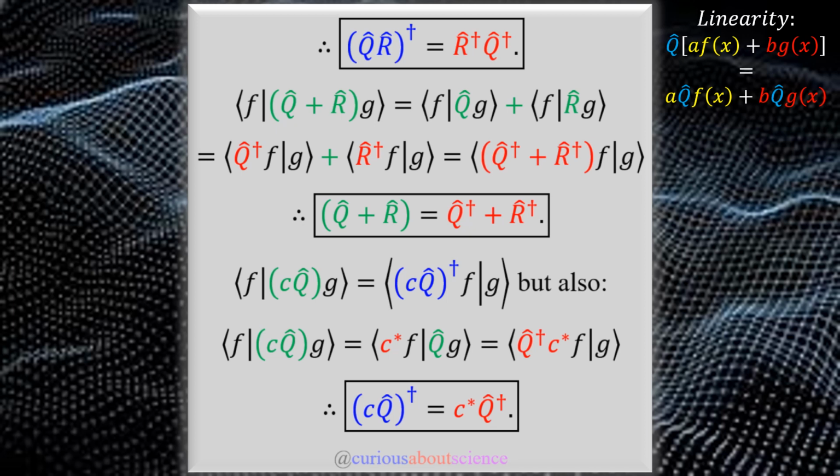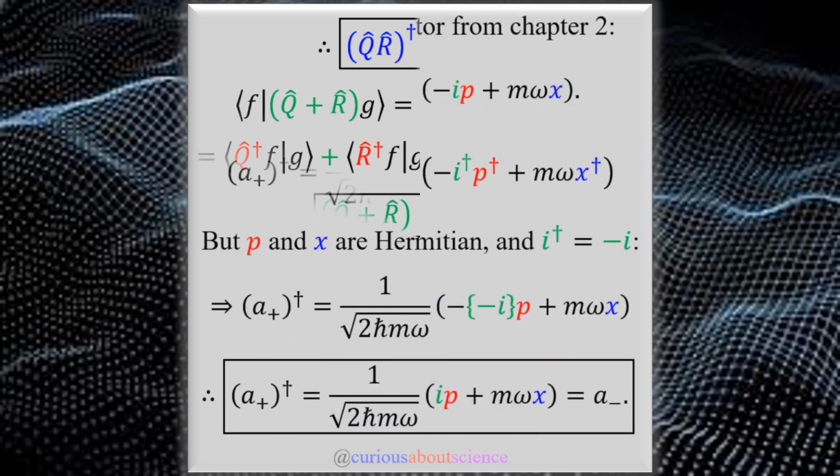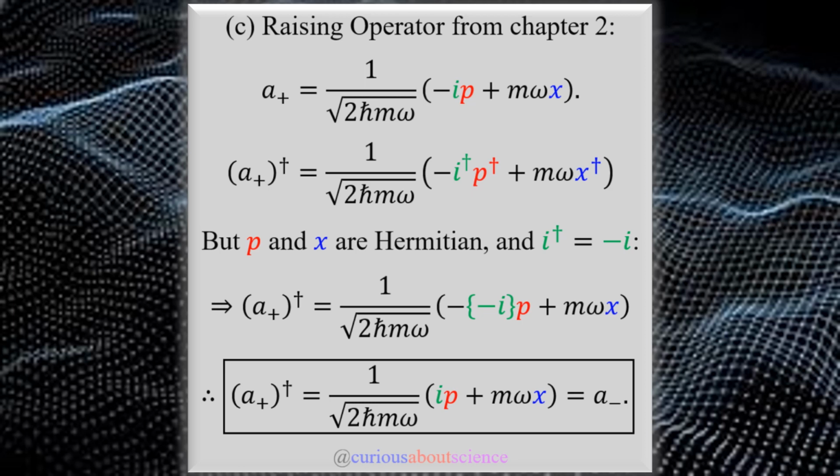Let's go check it out. We see that we are revisiting something from Chapter 2 with the raising operator, which, if we recall, was defined as A with this plus sign here to let you know you're raising it. Don't be fooled, it's still an operator. Here, the constants, whatever.